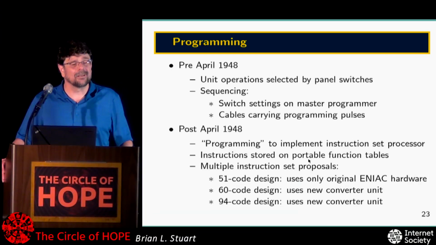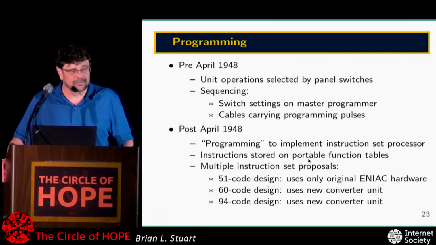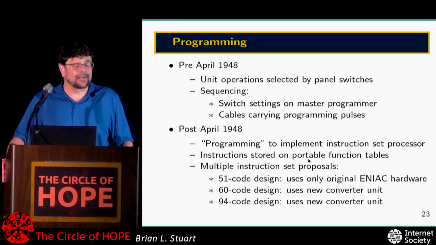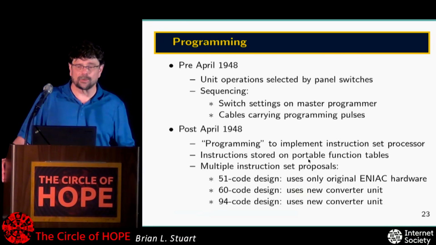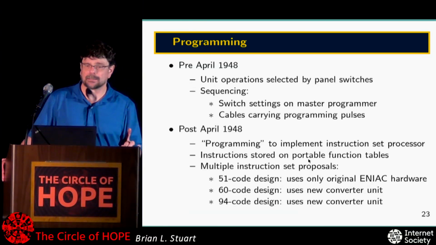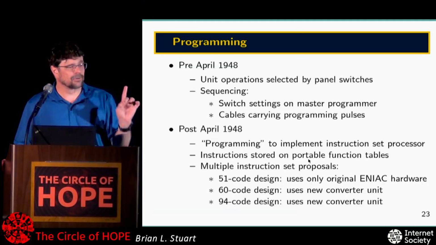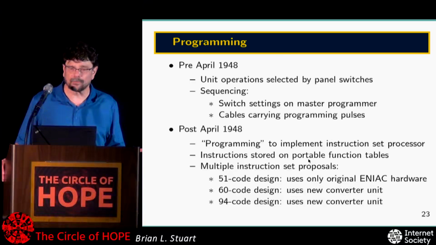So von Neumann knew him. He knew of the results in the uncomputable numbers paper. And I believe that von Neumann saw what Eckert and Mauchly were talking about and realized, if we do it right, this could be that universal machine from the uncomputable numbers paper.